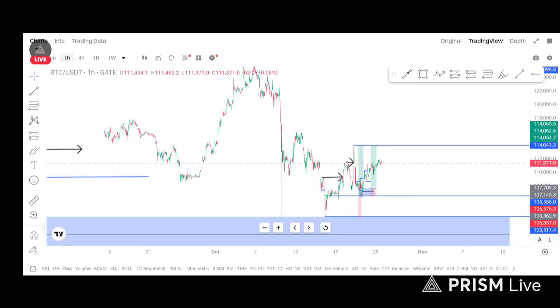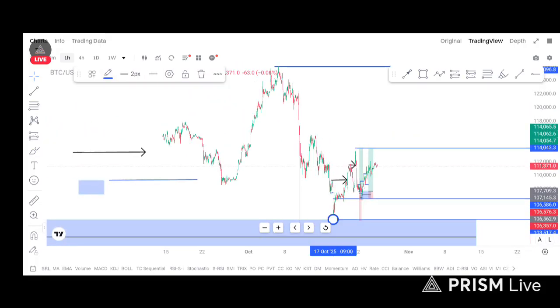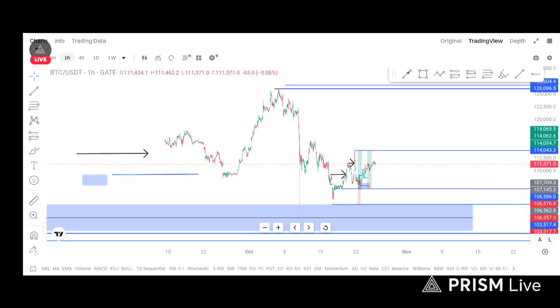Then we'll also be talking about top down analysis. I would love to start with this: top down analysis is a process you take in order to find an entry. Once day breaks, as a trader, and you come to the market, what you have in mind is to find a trade and make something out of the trade.